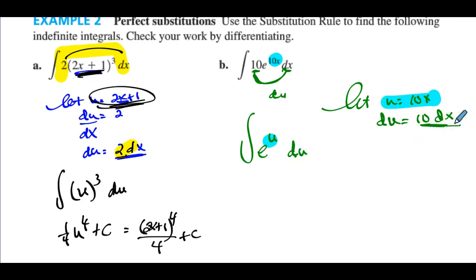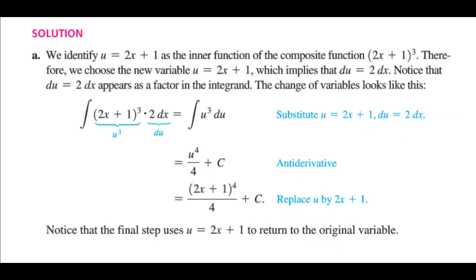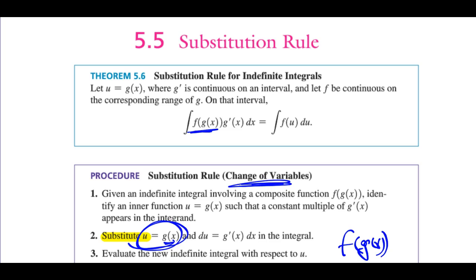So again, when you do a u-sub, you're replacing all of your x's with u's, and then, of course, the integral of e to the u is just e to the u, plus c, and then you'd replace the u with whatever it says to go back to in terms of x.